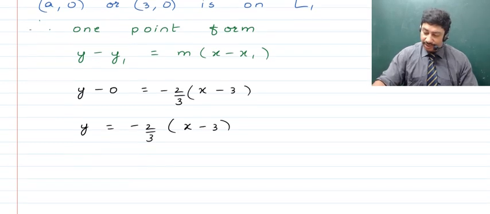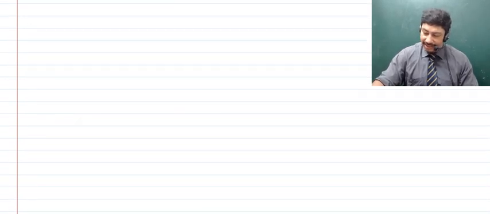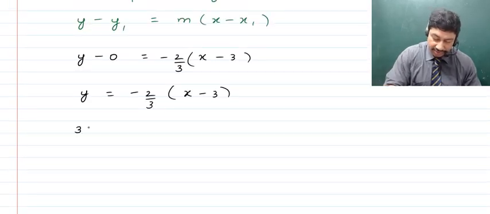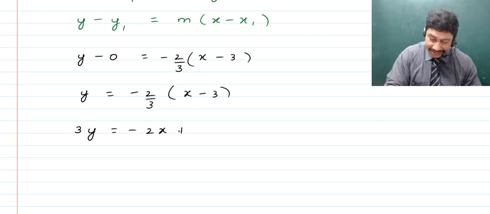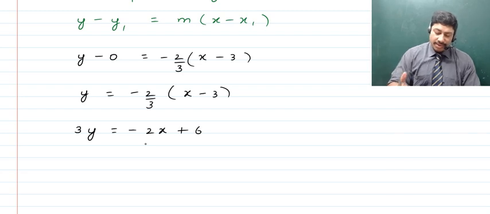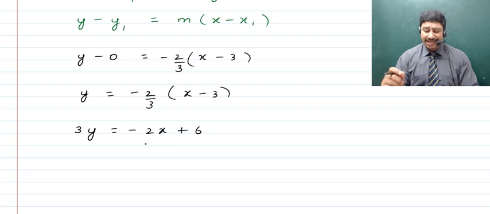Now in the next step, we can cross multiply this 3 to the other side. And as such, here we will have 3y which will become equal to minus 2x plus 6, right? And thus we will now bring everything to the left hand side so that the coefficient of x is positive.